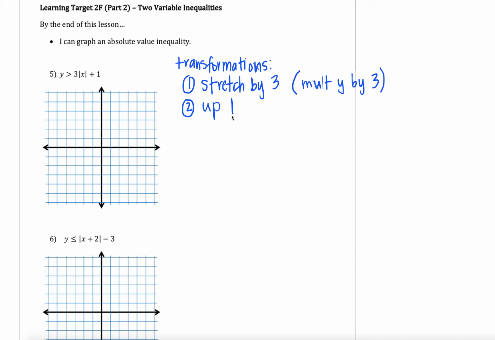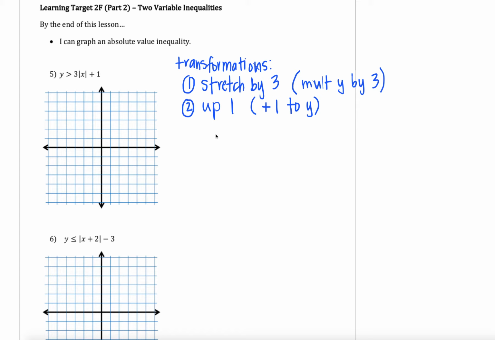For our vertical shifts of going up or down, that's also changing the y component, and if we're shifting up, we are adding that number, so in this case I'm going to add 1 to all the y values as well. And because both of these transformations are affecting the y-coordinate, that's why it's so important that we're applying the transformations in order. So the stretch by 3 has to come before the up 1, otherwise we wouldn't end up with the correct graph.